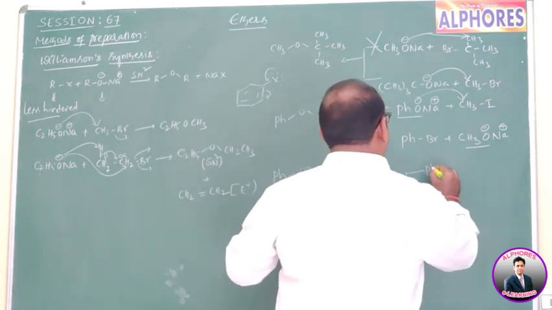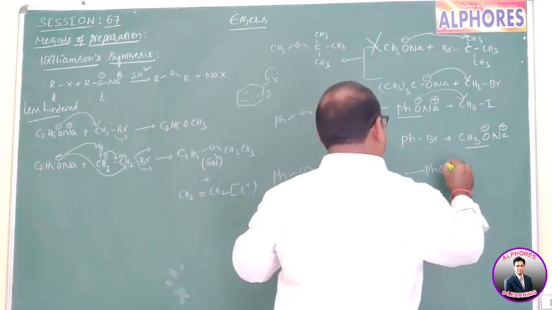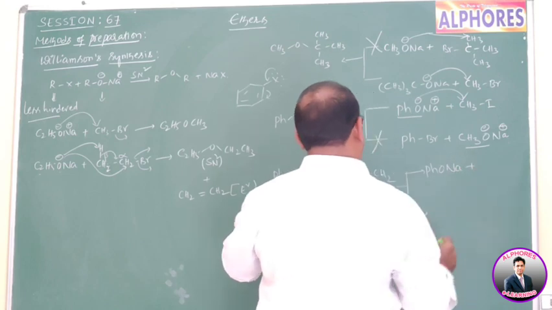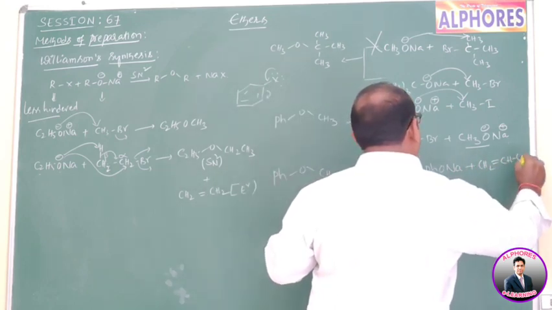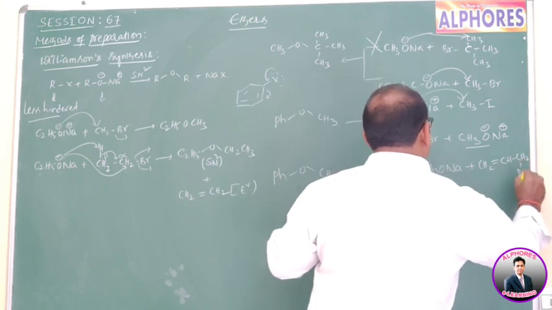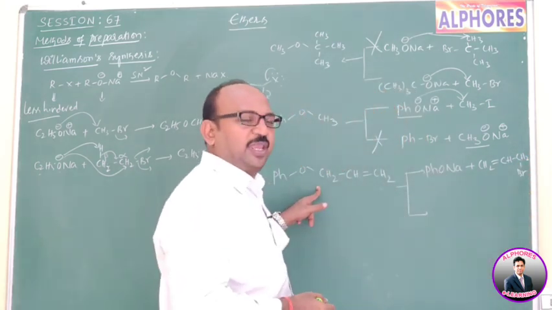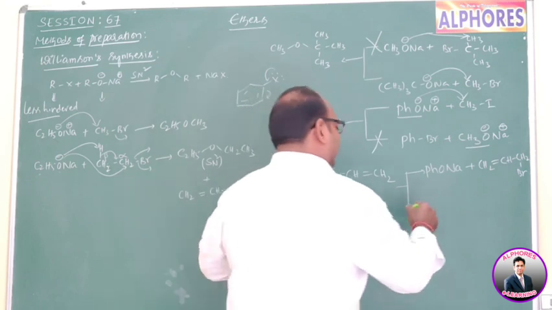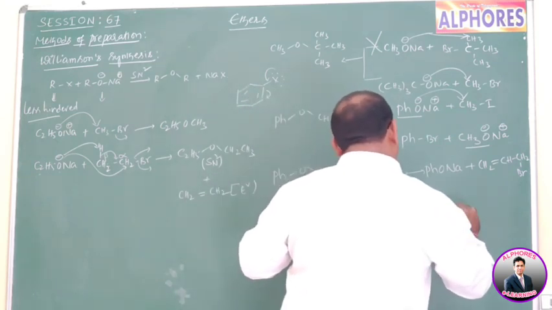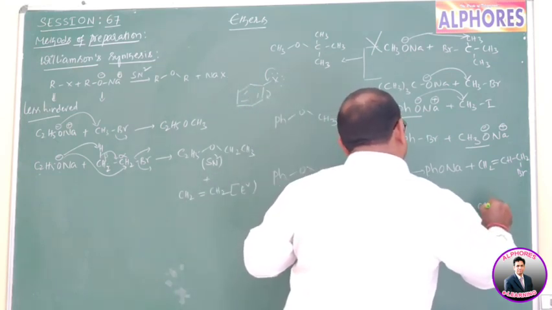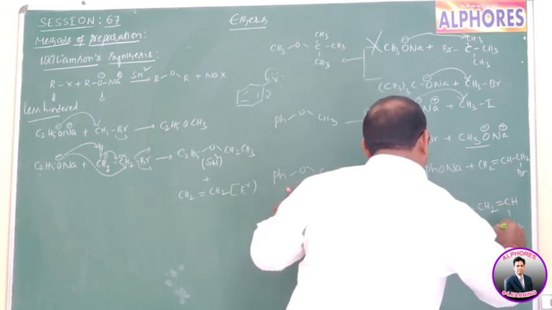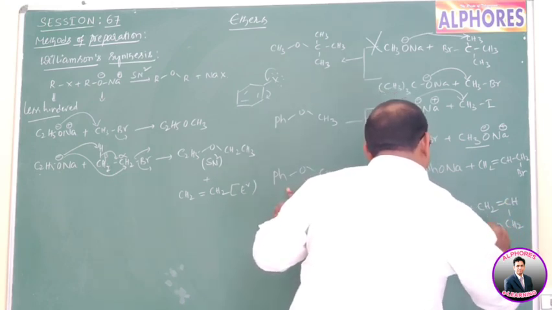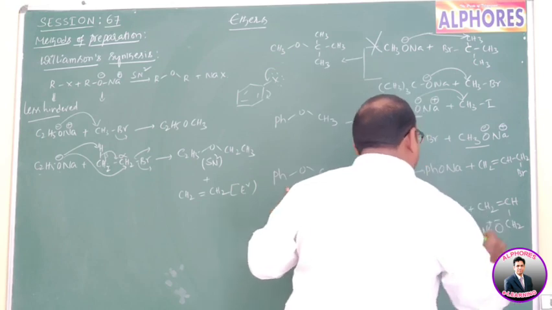Possibility number 1: PhONa, sodium phenoxide, and allyl bromide, CH2=CH-CH2Br. And one more possibility: PhBr and CH2=CH-CH2ONa. So which method is far better?